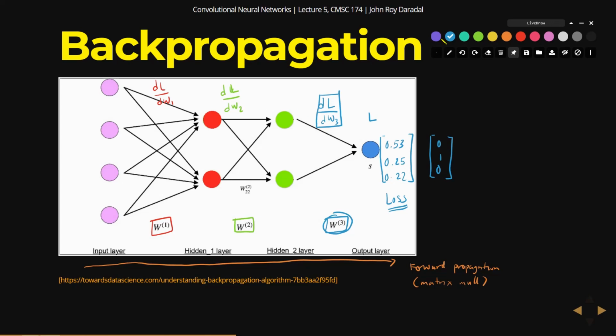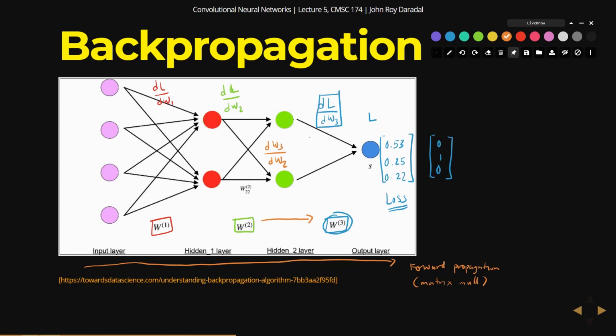Before that, we need to compute some local gradients, right? So here I can maybe use orange. So from here to here, we can compute the derivative of W3 with respect to W2, since weight 2 and weight 3 are connected anyway, right?